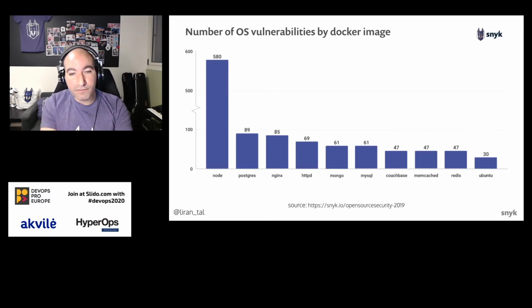We'll find that all of them have at least 30 vulnerabilities included in that latest tag, the default tag for Mongo, for MySQL, for all of this. So it's probably not the best idea, as you can already imagine, to bring in vulnerabilities into your Docker image by default, just like doing that. So this is where we need to be very mindful of the Docker image tag that we're actually pulling in, because Docker images almost always bring with themselves vulnerabilities, so we want to be able to avoid that.